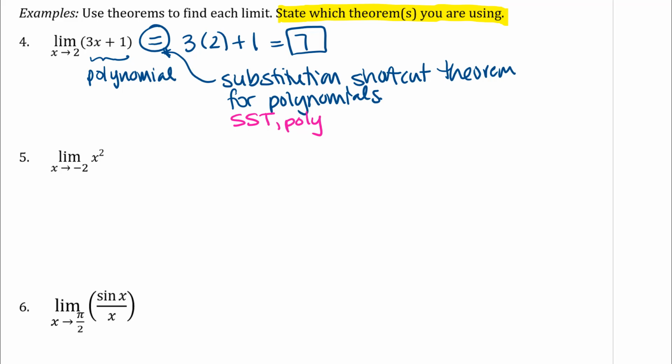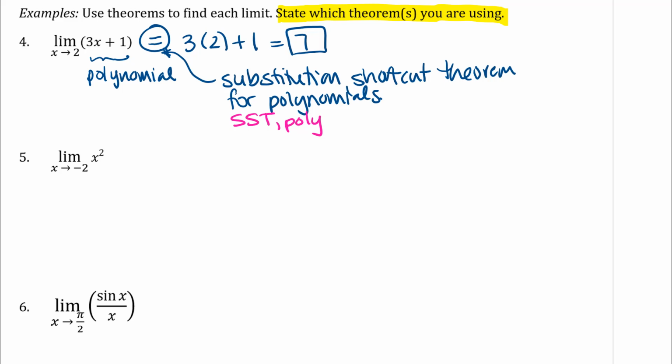Notice that there are different theorems that you actually could cite here. If I think about that 3x plus 1 as 3 times x and plus 1, you could also think about that as combining 2 different constant functions, 3 and 1, and then combining that with the identity function, x, using multiplication and addition.